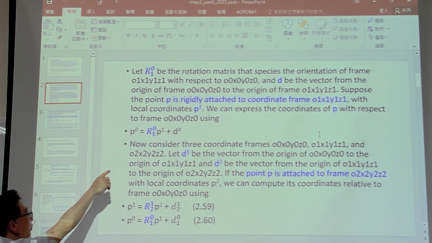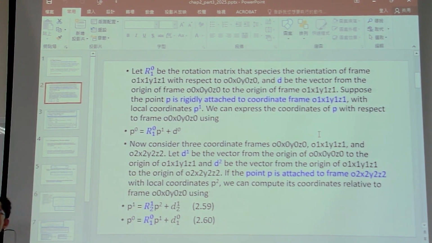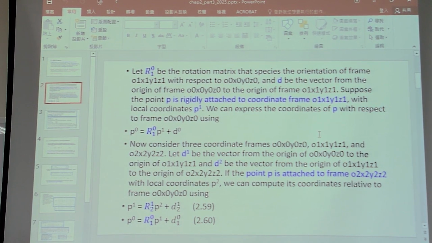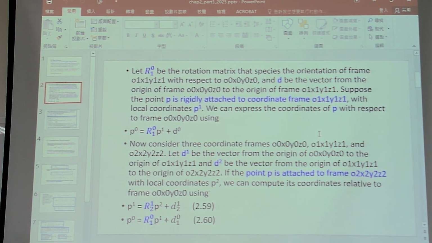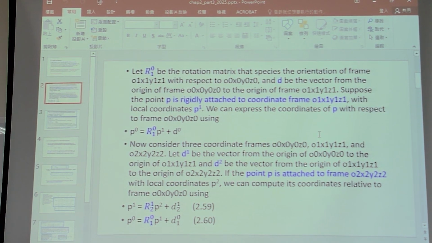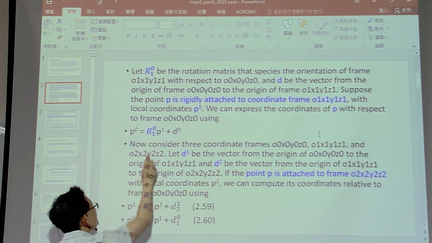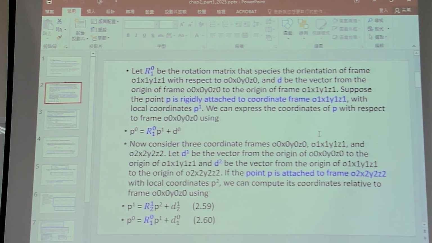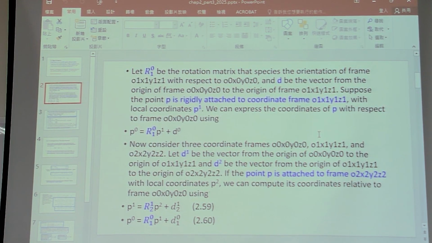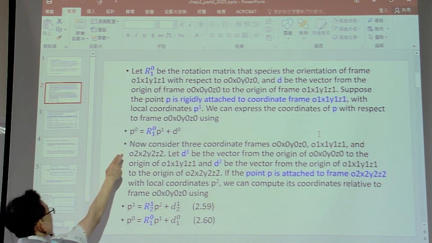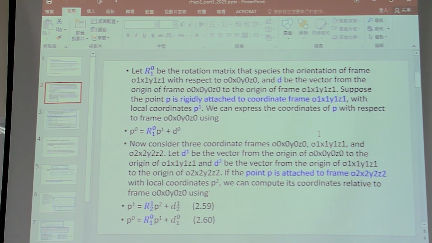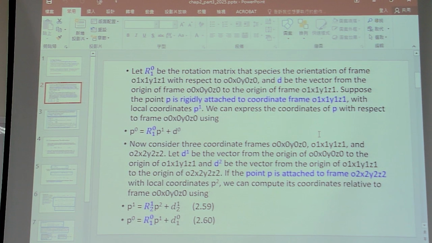So R10 is the rotation matrix between frame 1 and frame 0. Then we can convert the position 1 back to frame 0. Then with every coordinate in coordinate 0, you can do the addition. So you can add them together, then you have the final position. The fundamental concept is the same.